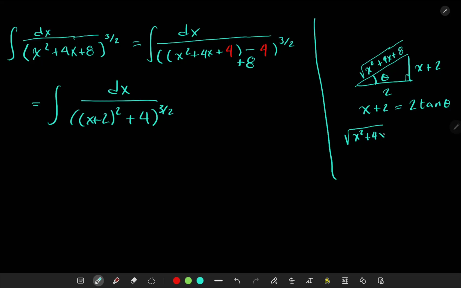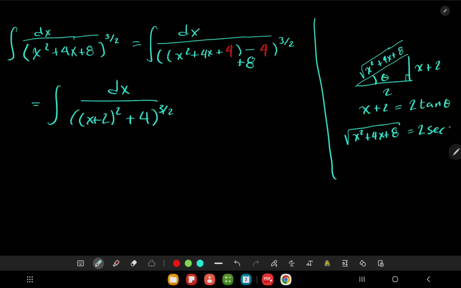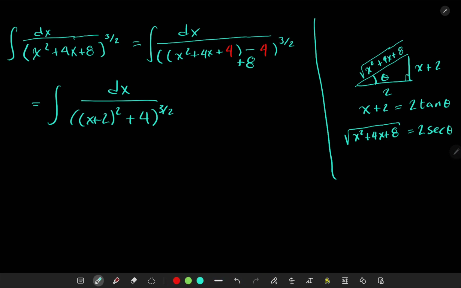Hypotenuse over adjacent, as we have discussed, is going to be the secant. So the square root over 2 equals secant. Let me multiply the 2 on this side, a little bit nicer that way. There. So we get that, and then here I can take my derivative on this. So I get dx is 2 secant squared of theta d theta.